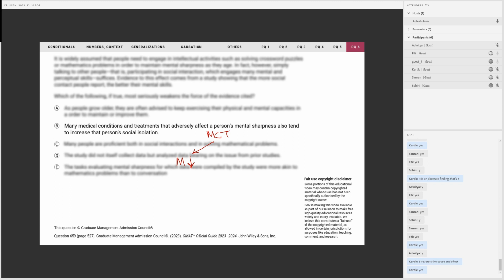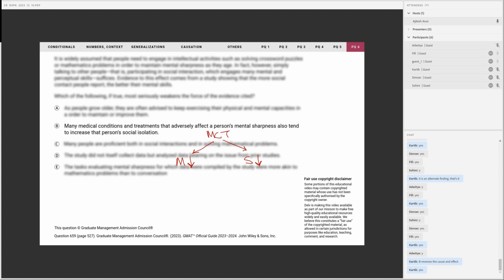In addition to this, the medical conditions and treatments also tend to increase that person's social isolation. Increase the social isolation basically means it is an S down. So MCT has two effects. It reduces M and it reduces S.